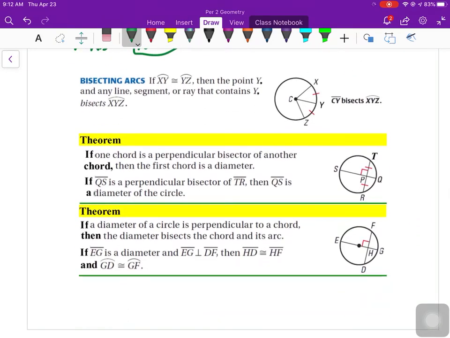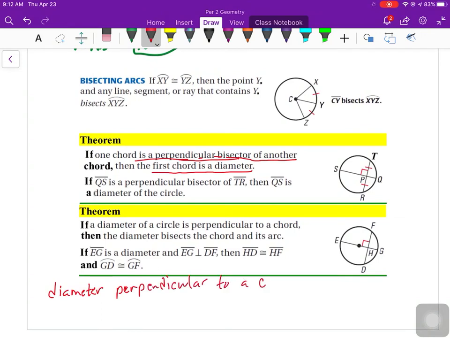Okay, let's talk about bisecting arcs and bisecting chords. If we have a chord that is a perpendicular bisector of another one, then that first chord is a diameter. So in other words, a diameter perpendicular to a chord bisects that chord.